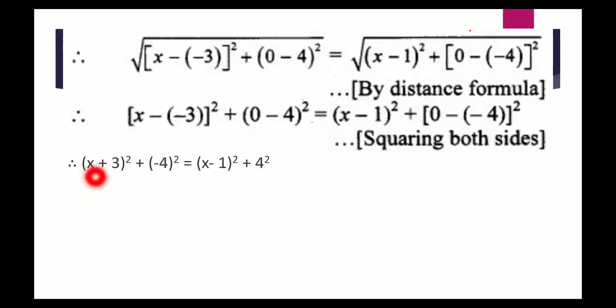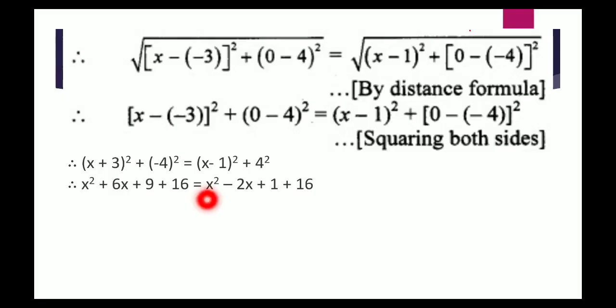So x plus 3 the whole square plus minus 4 square is equal to x minus 1 the whole square plus 4 square. So we are opening the bracket. x plus 3 the whole square, that is (a plus b) the whole square, a square plus 2ab plus b square, that is x square plus 6x plus 9, and this is plus 16.